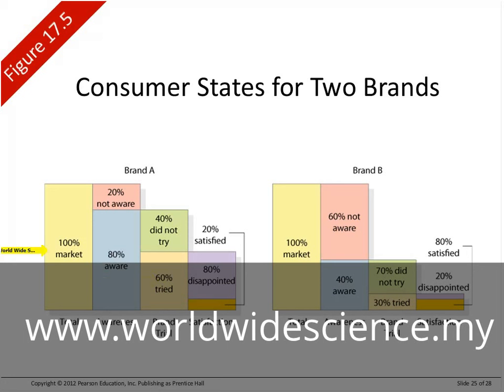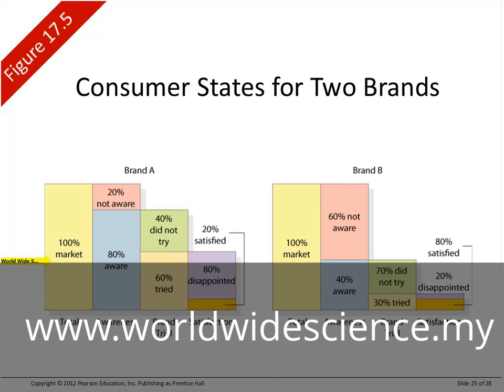When you have 100% market, finally you will have 20% of this satisfied, 20% of those 60% who tried. What about this ratio to the 100% market? Anybody can tell me?